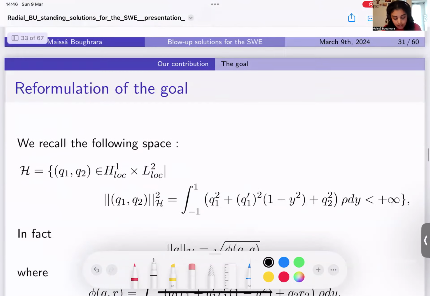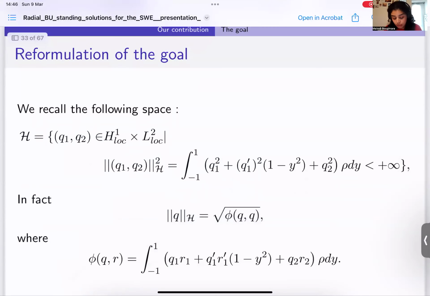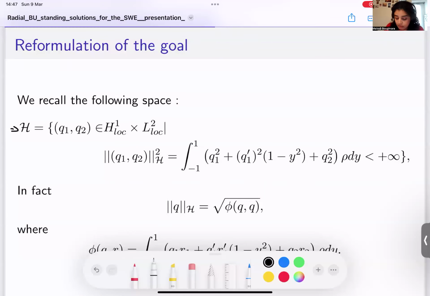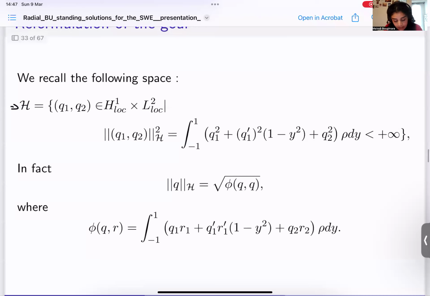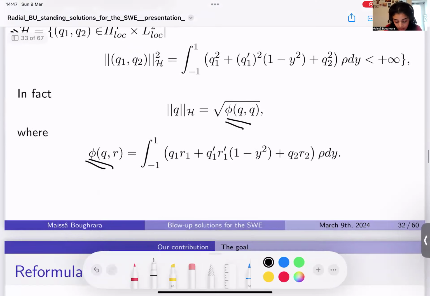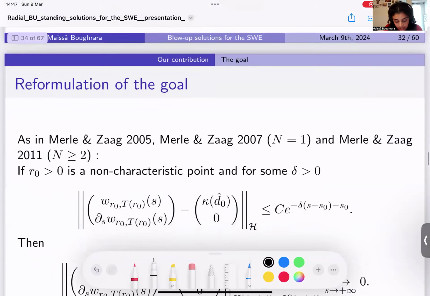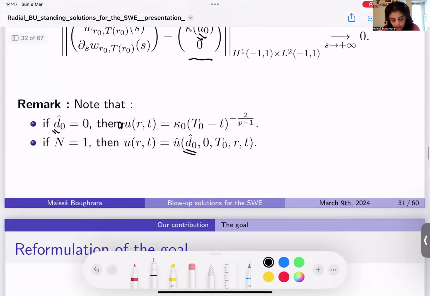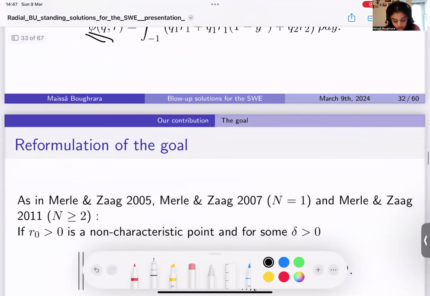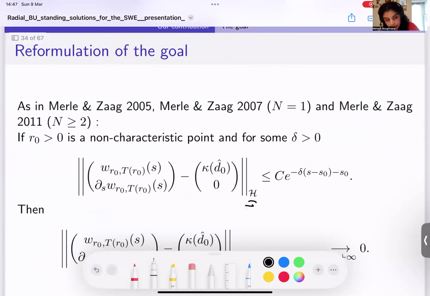Okay, so I reformulate the goal in another way. I recall the H space, which is the Hilbert space in similarity variables. Since it's a Hilbert space, you can find the scalar product that is given by the following. The idea is that instead of having the convergence in H1 cross L2, we will try to show the convergence in this space, but with an exponential speed.